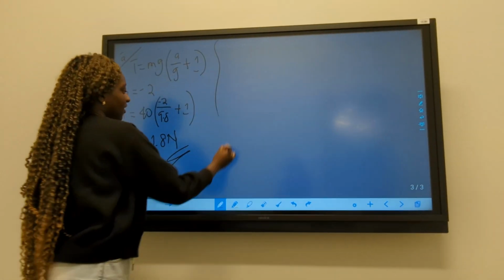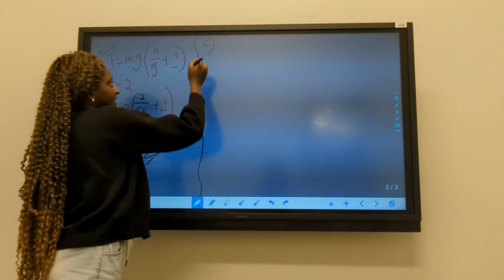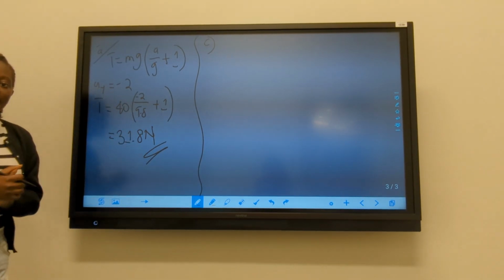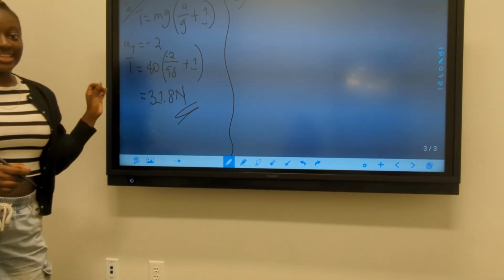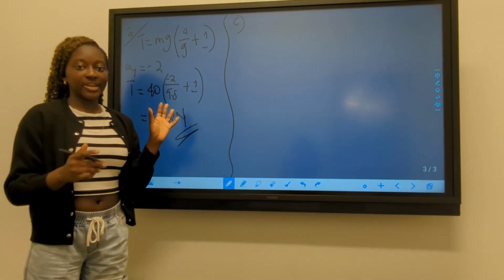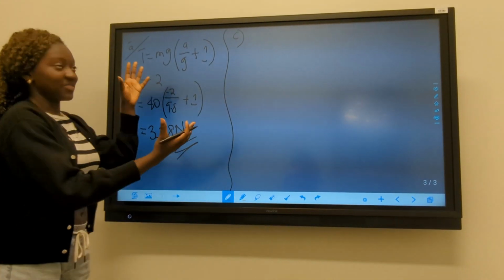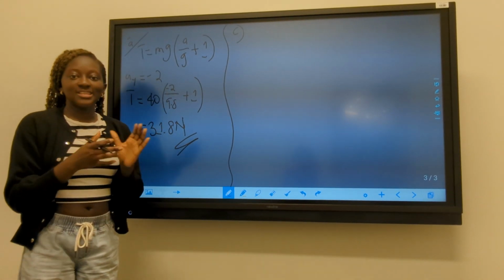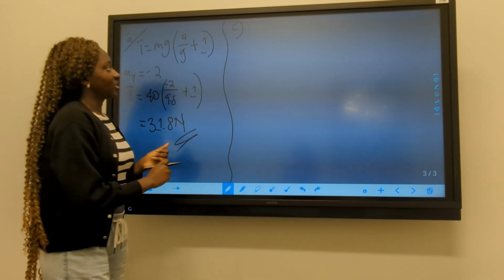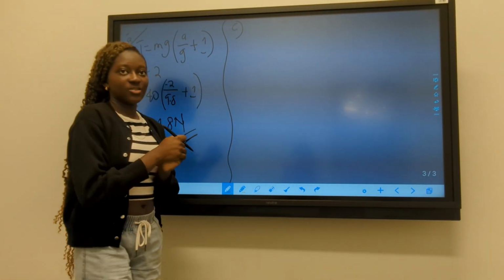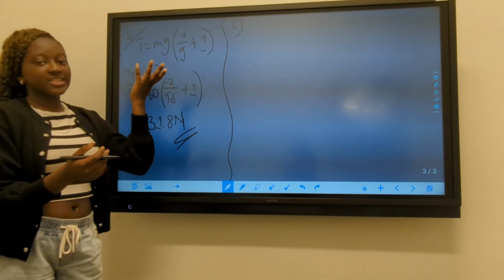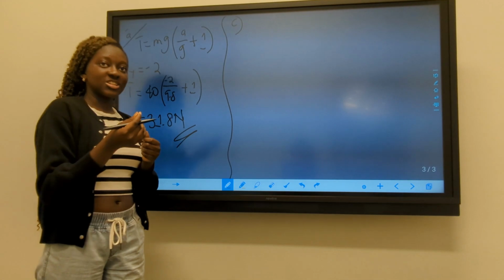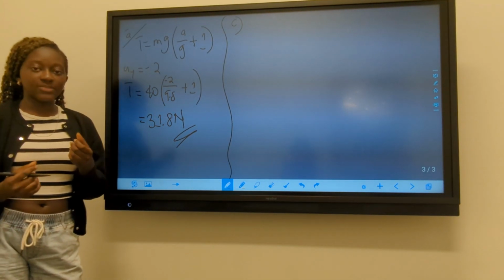Okay, so for our last question in this example, it says, what if the woman steps off the elevator, the cable breaks and the elevator free falls? What happens to the tension? When the elevator is in free fall, you can state that acceleration becomes negative g.